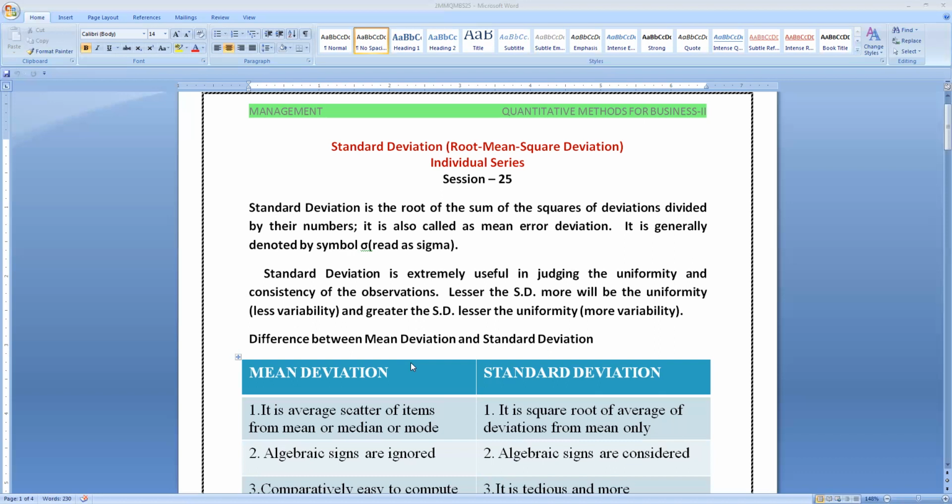Standard deviation is useful in judging the uniformity and consistency of the observations. The lesser the standard deviation, the more the uniformity, which means less variability, and the greater the standard deviation, the lesser the uniformity or more variability.